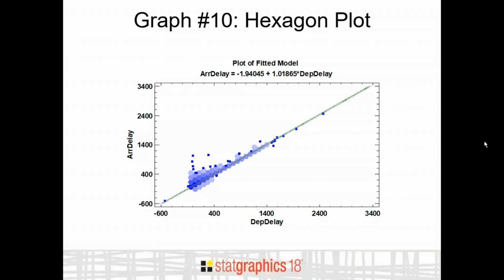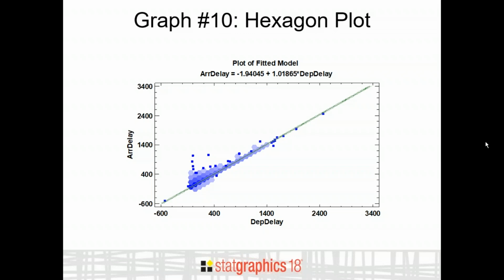All right, for number 10, can you create a hexagon plot for any scattergram, or is it just available for display of the regression? No. In Statgraphics, if you have more than 100,000 observations, wherever it would have done a scatter plot, it'll do a hexagon plot instead.